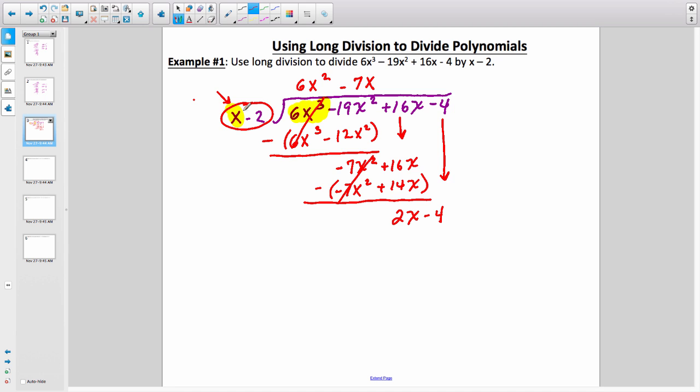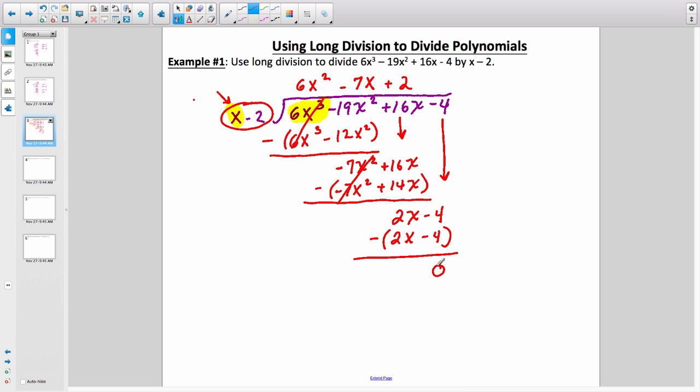And again, from the first term, how could we get this first term, which is x, to be 2x? That would be multiplying by positive 2. Now let's go again. 2 times x, 2x. 2 times negative 2, negative 4. Parentheses, subtraction. What do we have? Oh, this is nice. 0. Perfect.